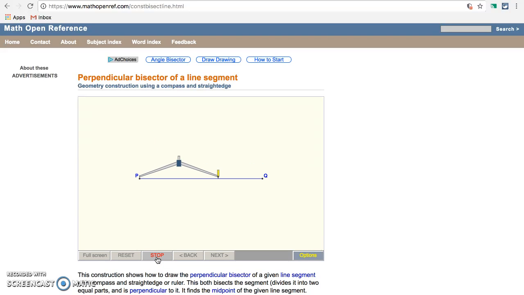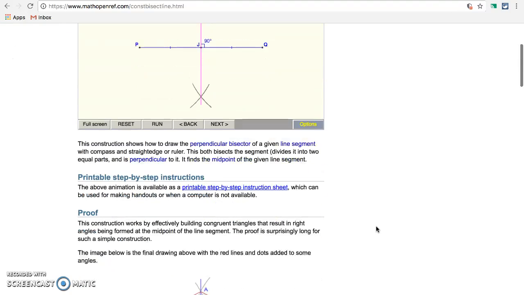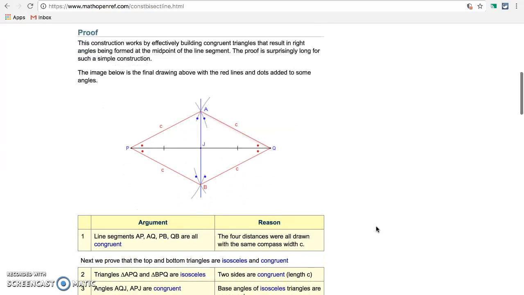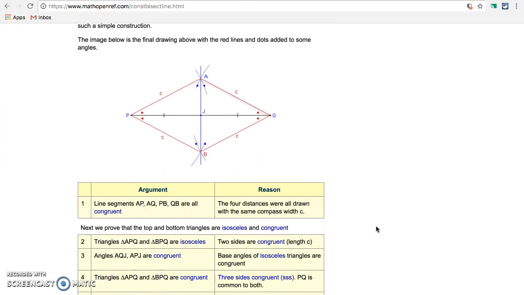And if I click on run, it brings us up a diagram, and the computer does this itself, but it shows the construction of how to do a perpendicular bisector. So if we went through this in class and the students didn't understand it, they could go through this back at home to maybe get some further instruction to be able to complete their constructions if that was what we were asking them to do for the day.